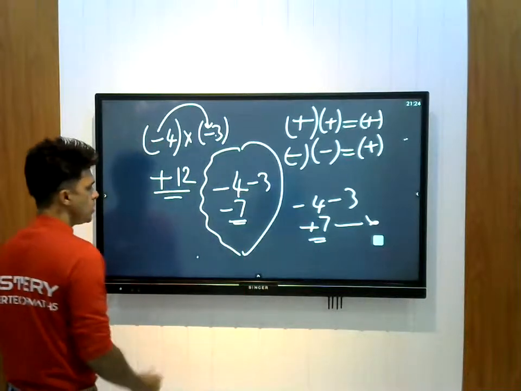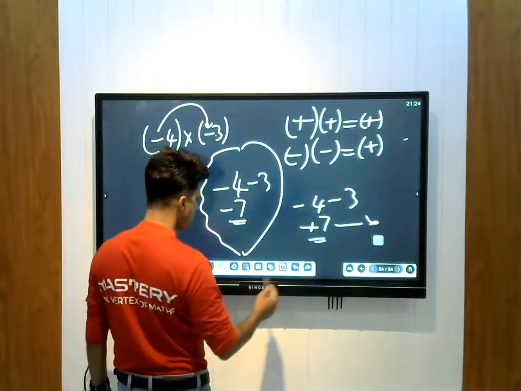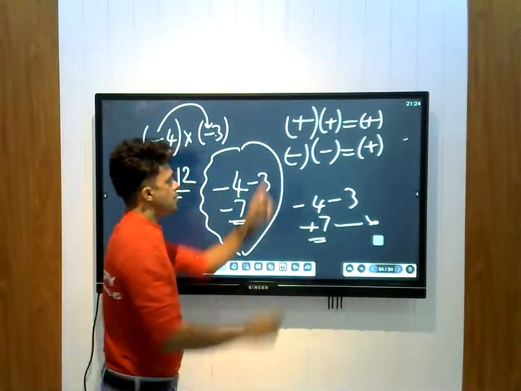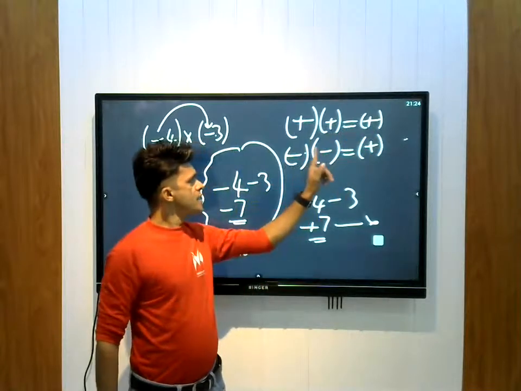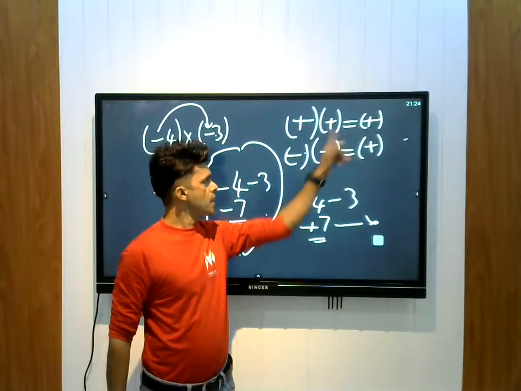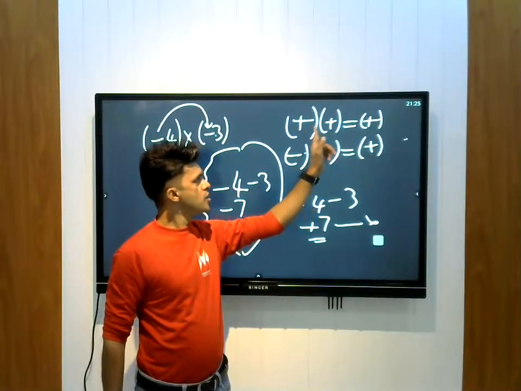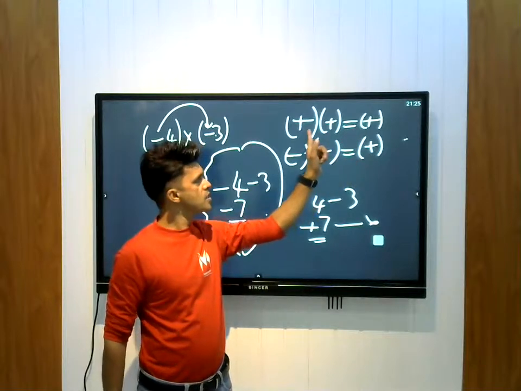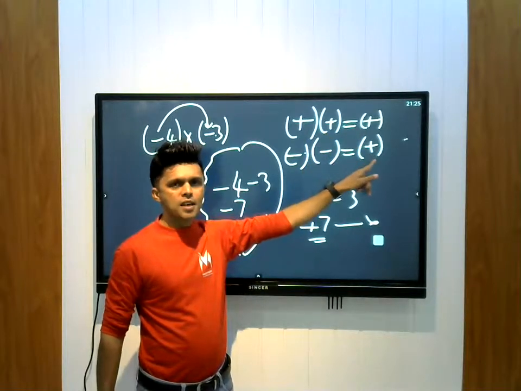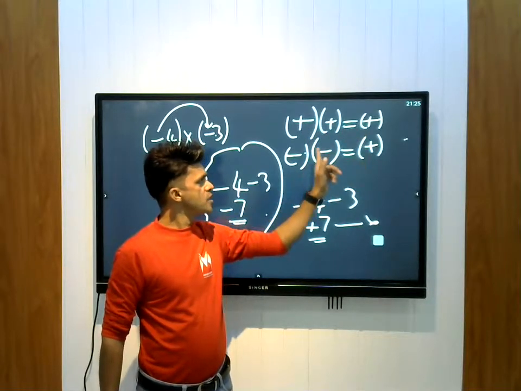How can you do this type of one? Minus into minus is plus. Plus into plus is plus. Minus into minus is plus. Plus into plus is plus, minus into minus is plus.